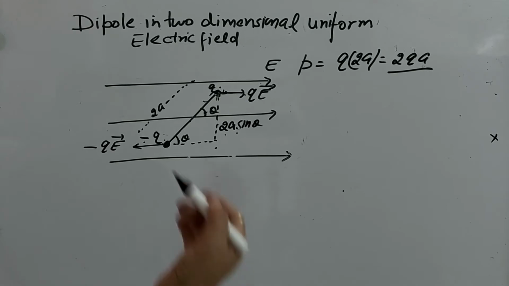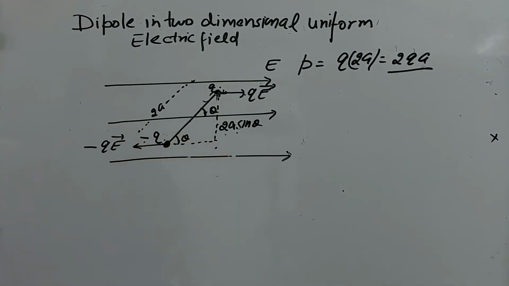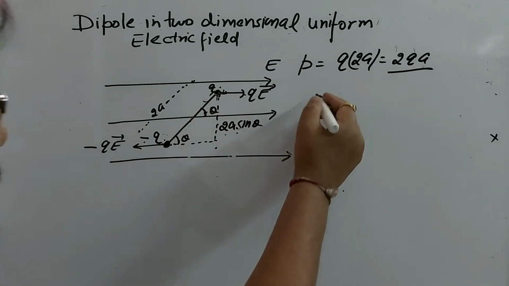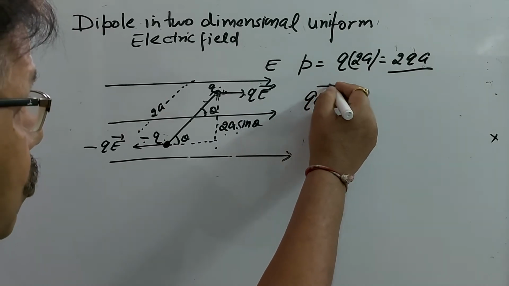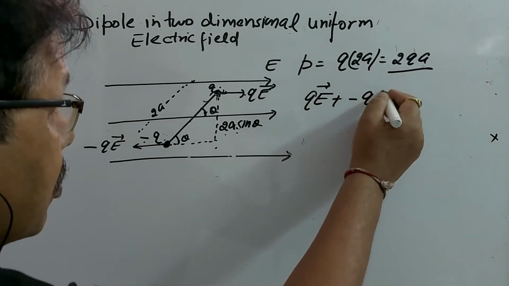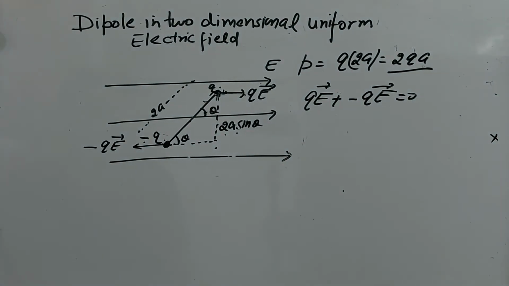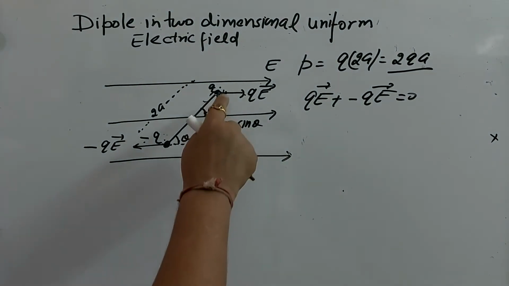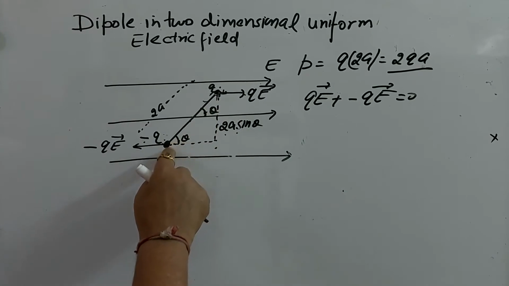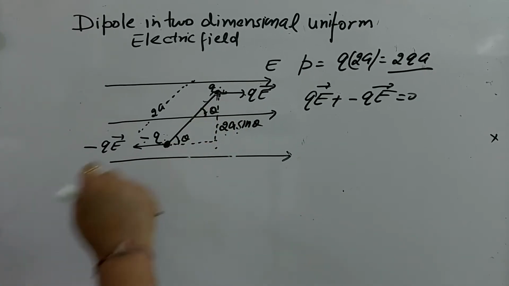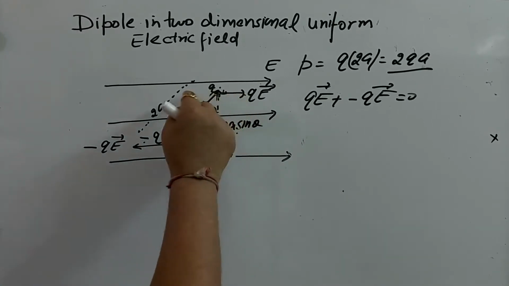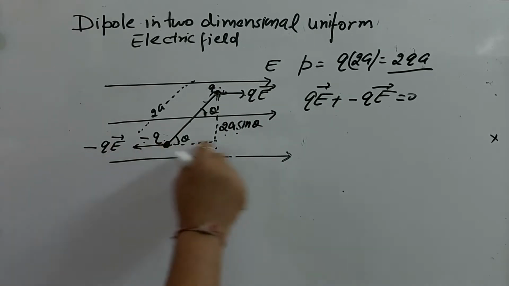Now if we consider total force on the dipole, the sum of these two forces will be 0 because these two forces are equal and opposite. So sum of these two vectors will be 0. But at the same time we know these two forces are not acting along the same line. This force is acting along this line and this is acting along this line.